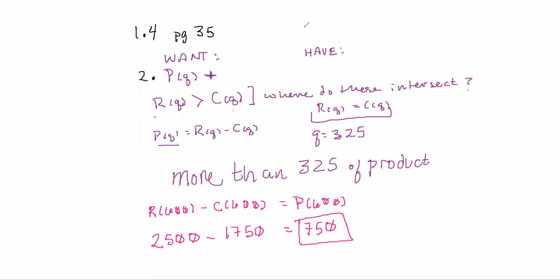I think somebody has a mic on. Does somebody have a mic on? Okay. So yeah, if I make like 2,000, it's going to be a larger profit than if I make like 700. Awesome.